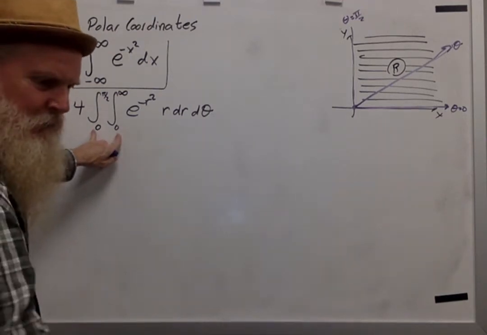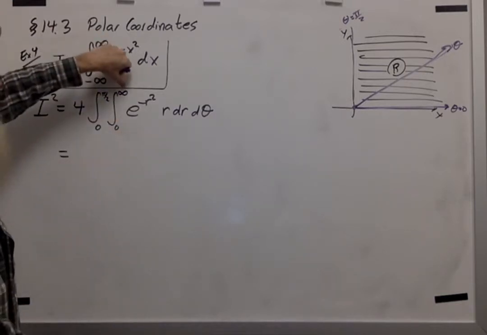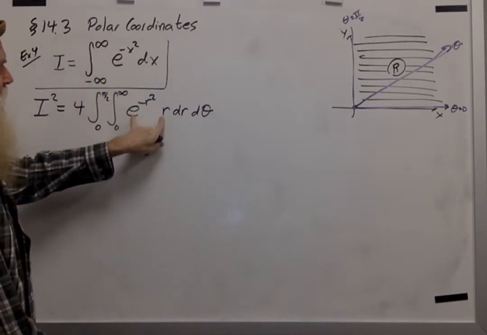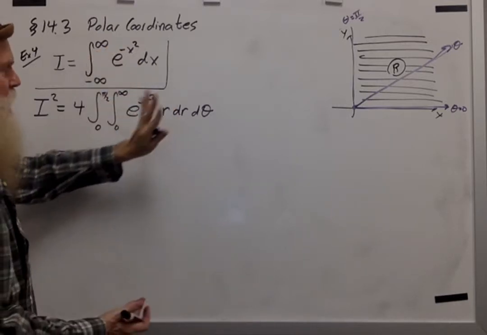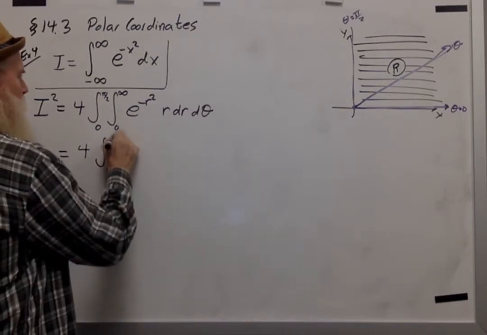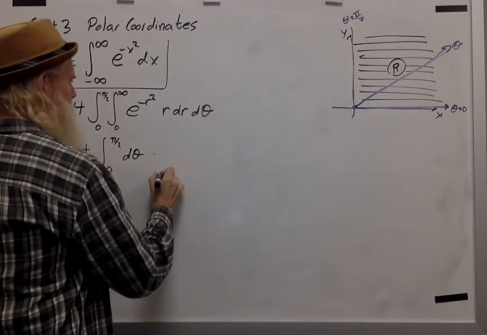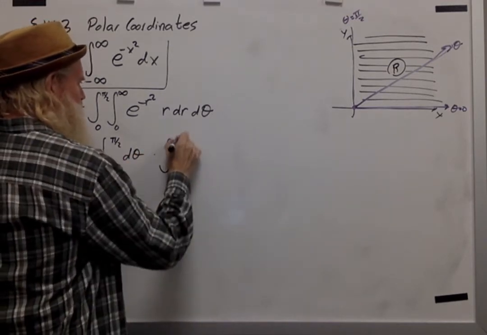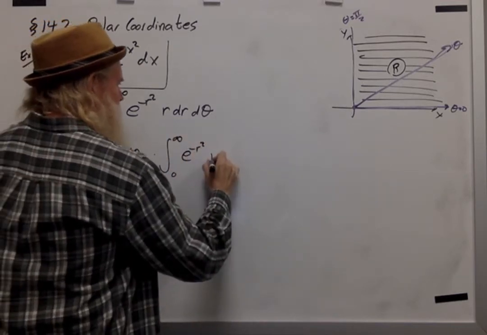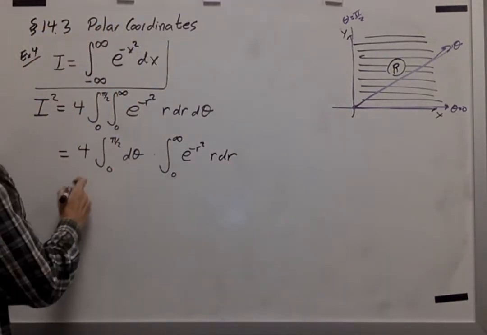Now here, if we like, we can split this up. These aren't constants at the moment. We're going to set theta equal to b, and then we're going to have a nice rectangle. And then inside, I've got a function of r, and the function of theta is just 1. So I have 4 times the integral from 0 to pi over 2 of 1 d theta, multiplied by the integral from 0 to infinity of e to the negative r squared times r dr. This first integral is straightforward.